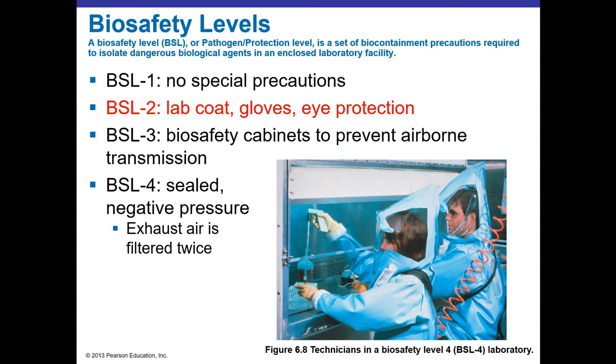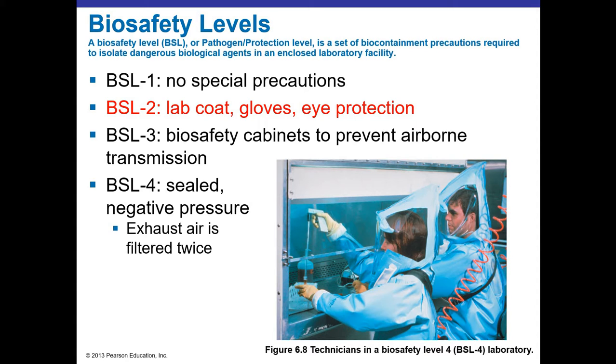But these two individuals are actually working in a BSL-4 facility, the highest protected level, which is that you have a specialized room that has been sealed and actually has negative pressure so that you don't have currents taking things out as people go in and out.